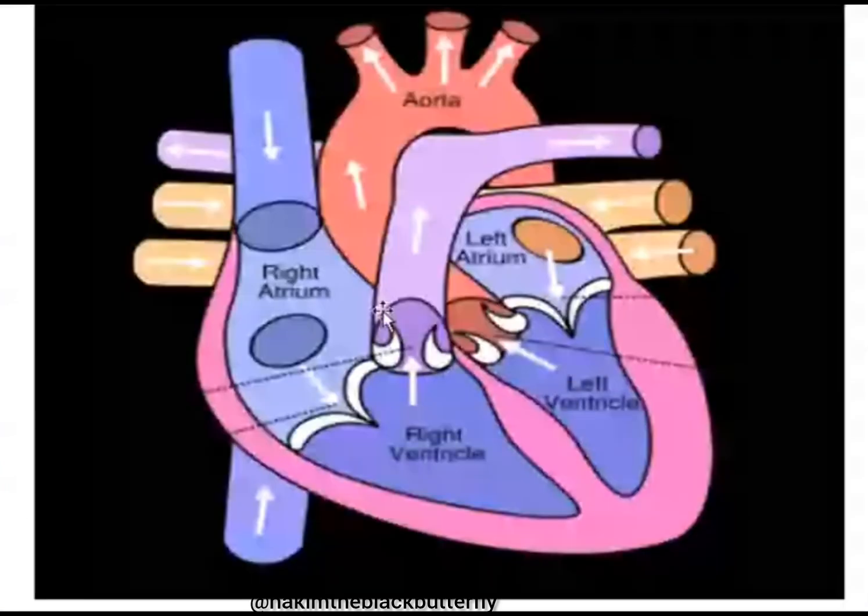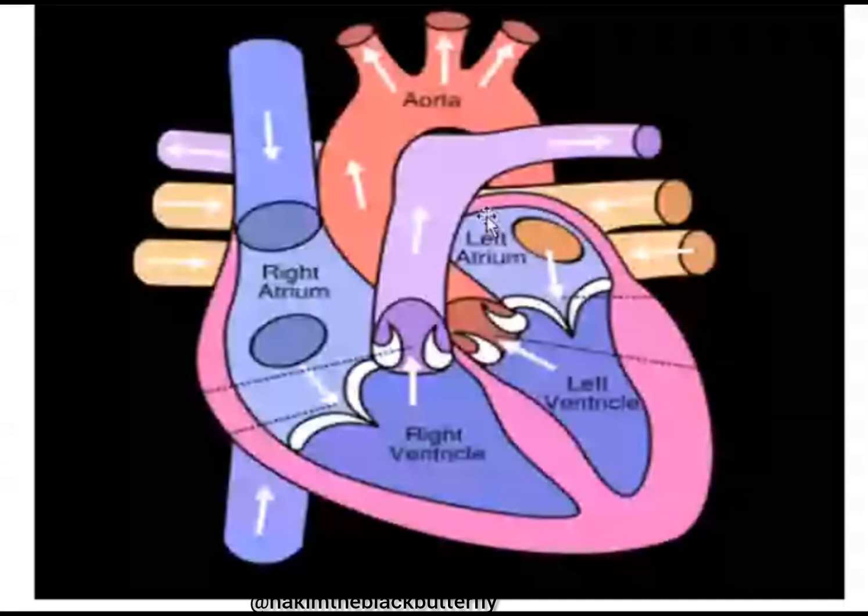So you can see the right atrium, the right ventricle, the left ventricle. The left atrium is posterior. We have just kind of brought it out so that you see that it also exists. And you can see the right border, the inferior border, the left border, and the superior border.